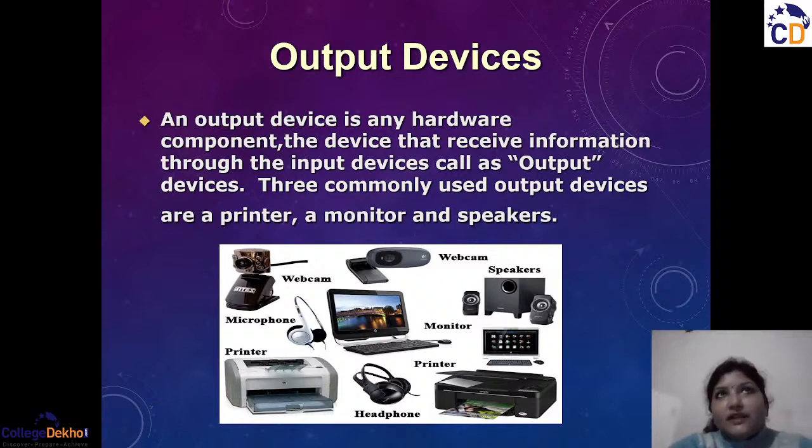So in the coming lectures we will go through other parts also: what the functional units of a computer are, how the information I give as input to the computer is processed, what the memory is, the mind, you may say, and how the computer becomes intelligent enough to process our information and give accurate results.